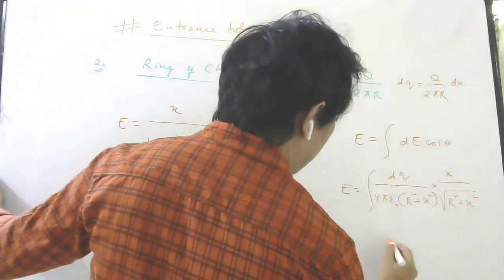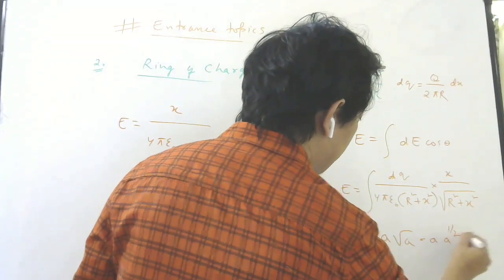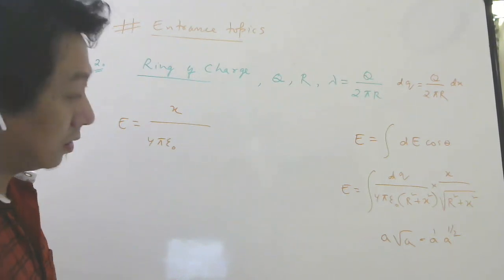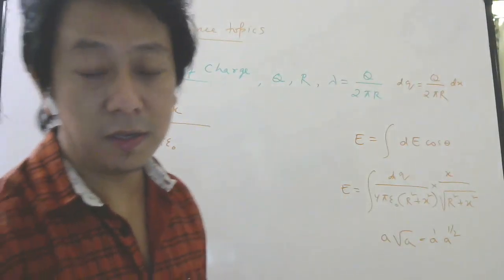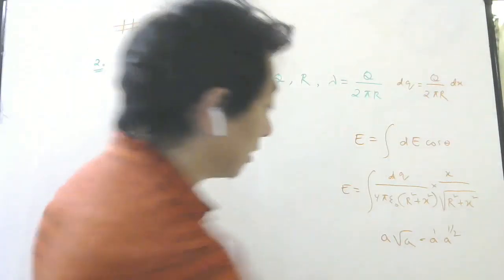Now this part you see, if I multiply a into root a, what will you get? Root a means power half. What is the power of this a? 1. So power 1 here, power half here, and you know the formula of x power a into x power b is x power a plus b. So you can add the powers. If you add the powers, what will you get?